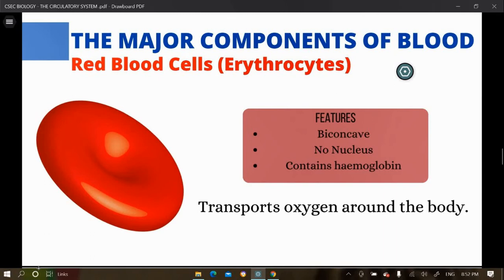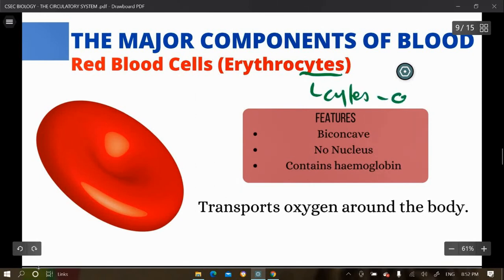Alright, so red blood cells are called erythrocytes, and the suffix cytes, C-Y-T-E-S, refers to cells. So you could have cytology, C-Y-T-O-L-O-G-Y, which is the study of cells, right?